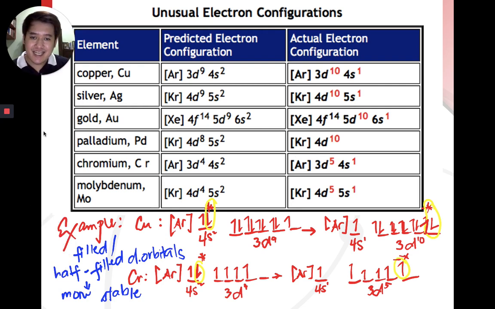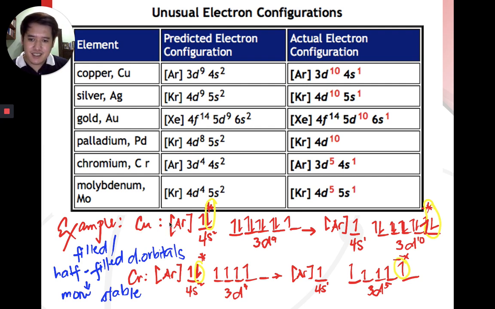Here is an annotated version of the slide presented. Here we have the predicted electron configuration and the actual configuration. As I said, there are some electron configurations which we may not understand, and what could have happened to that one electron. Let's take for example copper.